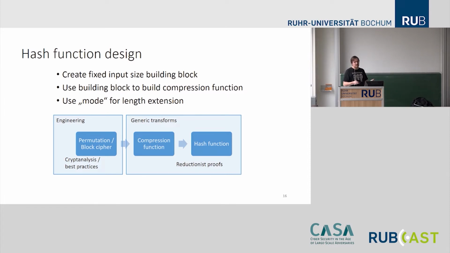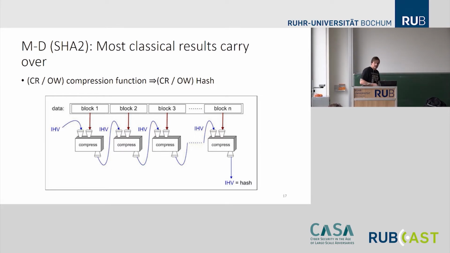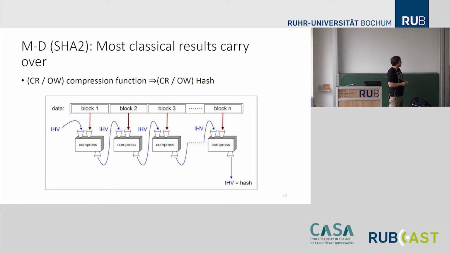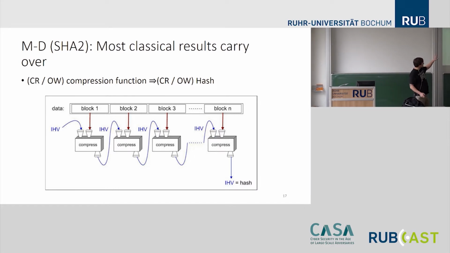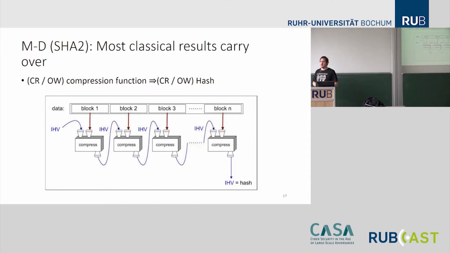Now, these things are not random anymore because they are structured the way we built them. So when you look at the Merkle-Damgard construction, which was the main mode until a few years back for hash function design, used in MD5, SHA-1, SHA-2, RIPE-MD, and so on, and that mode I guess most of you have seen before, then actually all the proofs for the classical properties also translate to proofs for the quantum properties so far.